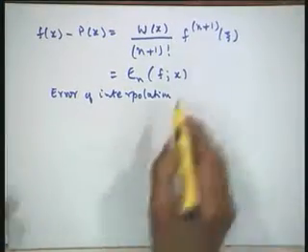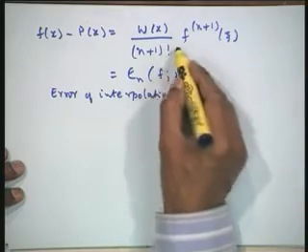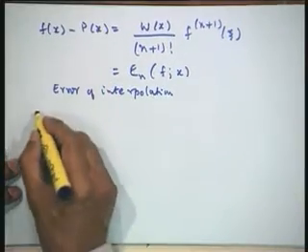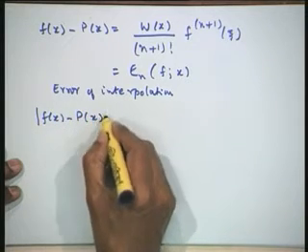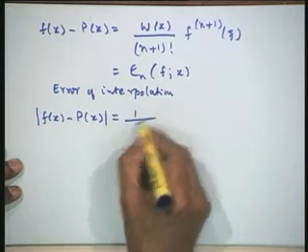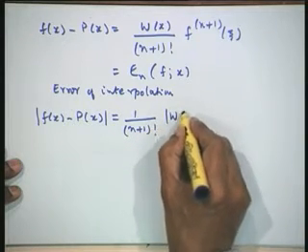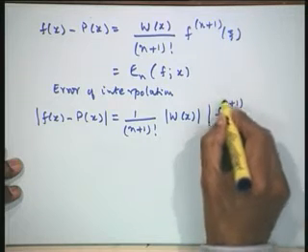Now since this xi is unknown to us, it is not possible for us to write this expression, but we can bound it. So let us find what is the bound of this, let us find the magnitude of this. n is a number, so I can write it outside, this is magnitude of w(x) into magnitude of f n plus 1 of xi.